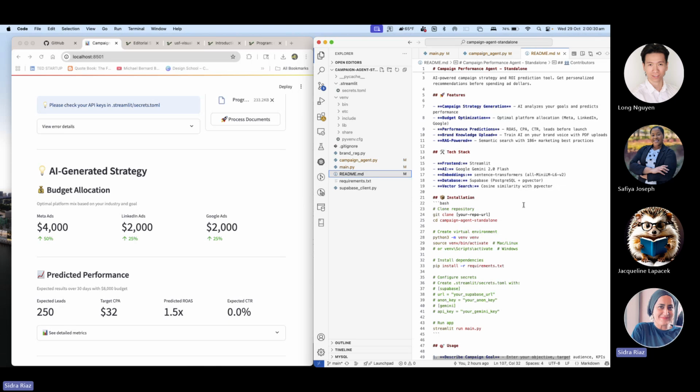For our database, we moved from BigQuery to Supabase with Postgres SQL and PGVector. One reason for this transition was that we had more leverage in making changes to the database and customizing it. And for vector search, we're using cosine similarity with PGVector.